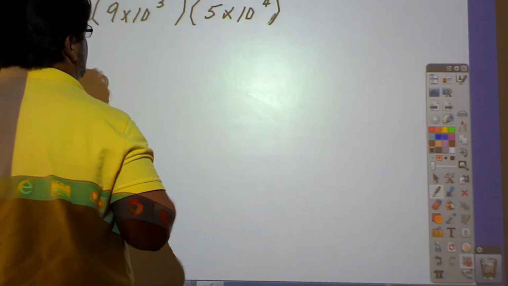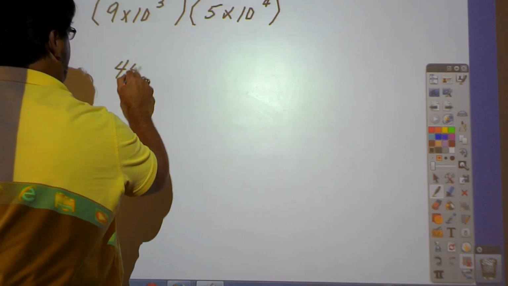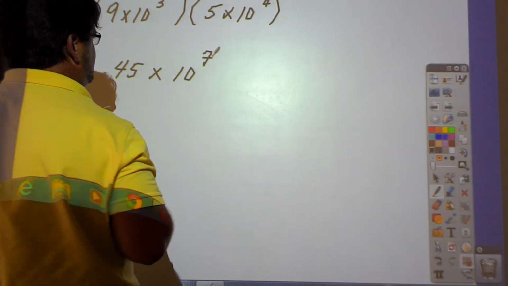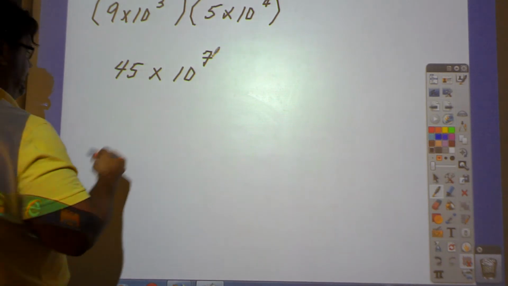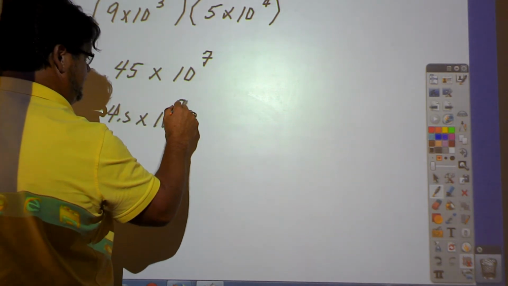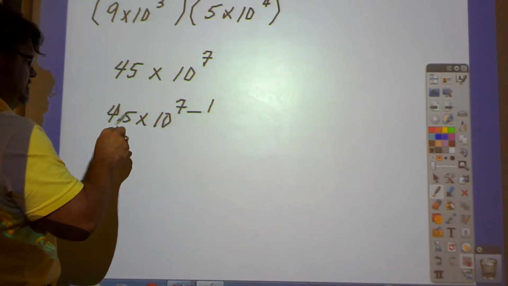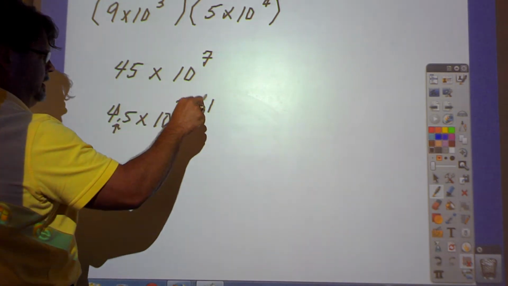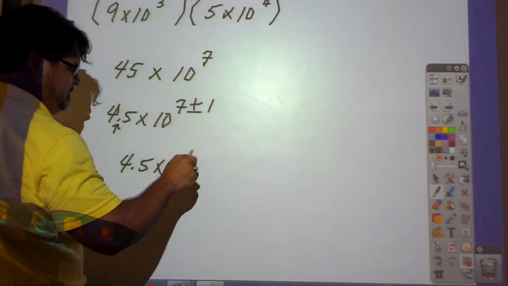That'd be 45 times 10 to the 7th. I was thinking of something different. 4.5 times 10 to the 7th. And then which way do we move this decimal in our head to get it back the way it was? To the right. So that'd be 4.5 times 10 to the 8th.